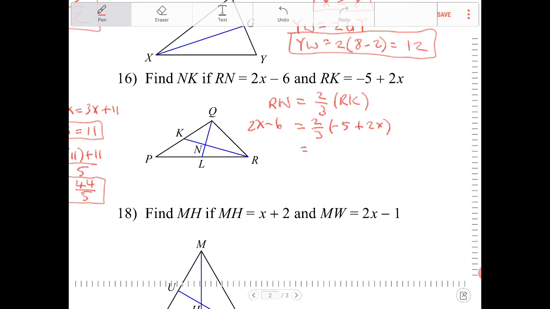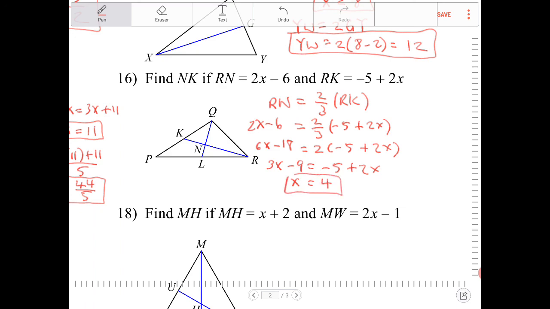Actually, no, I'm going to multiply both sides by 3 halves instead. So multiply by 3, I end up with 6x minus 18 is equal to 2 times negative 5 plus 2x. Divide both sides by 2, I end up with 3x minus 9 is equal to negative 5 plus 2x. Subtract 2x from both sides and add 9 to both sides, I end up with x is equal to 4.